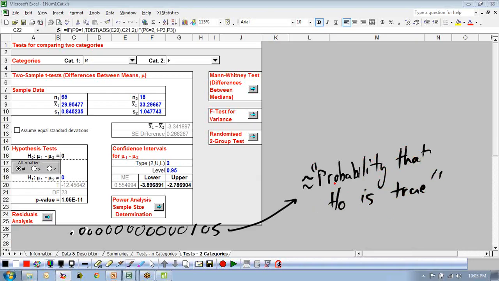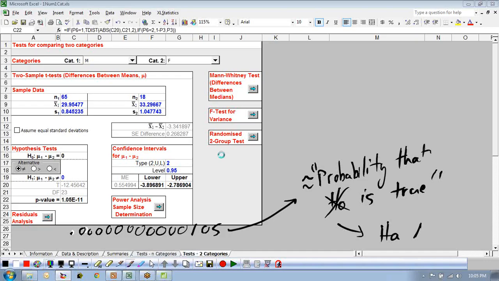Which is a pretty darn small number. So that's going to tell us that instead of going with H0, we're going to go with HA. There really is a difference. Mu F is not equal to mu M, and the difference is real. It's statistically significant. So what we saw in that plot, or those plots, is real.